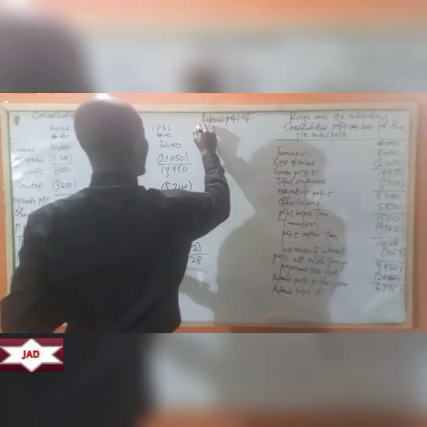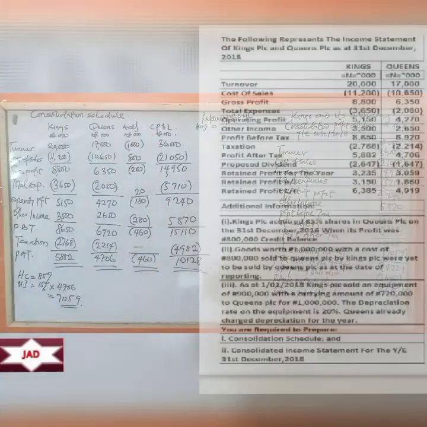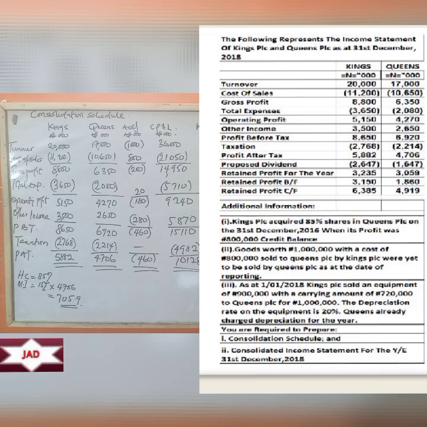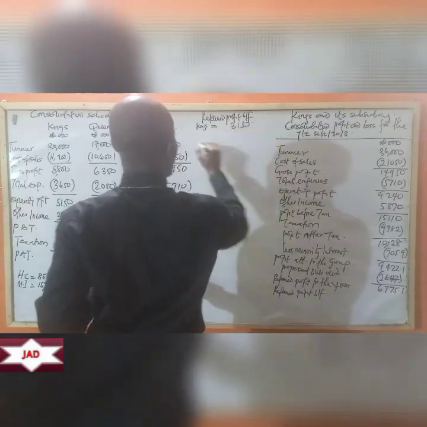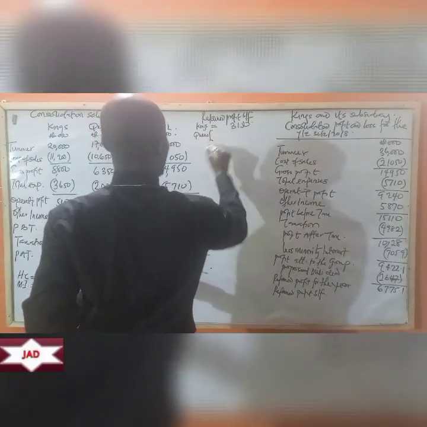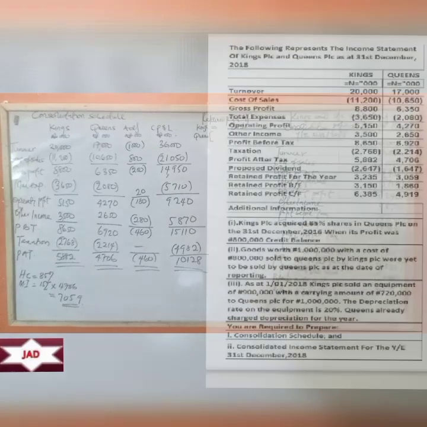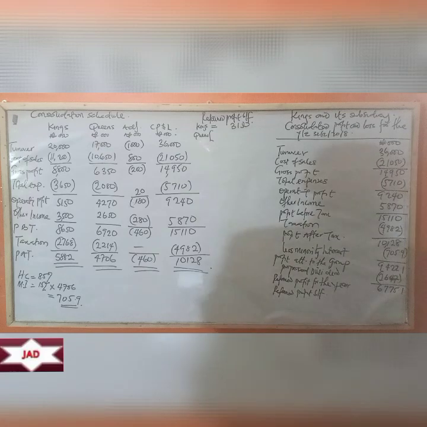Okay, so we have King. What's the profit brought forward? 3150. So twins will be what? 1860 minus the pre, that's 800.